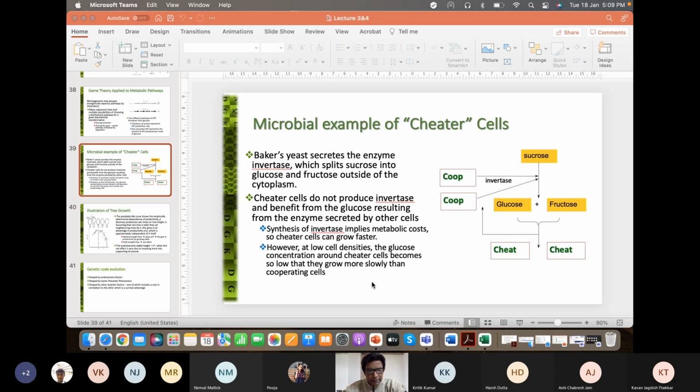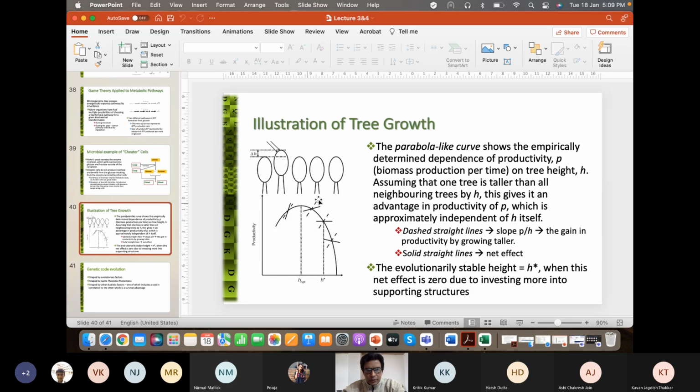And the next example that I'm going to show you here is the one that I talked about in the earlier class also, where we look at the growth of trees in a forest, and all of them start competing for the sunlight and the resources that are there on the ground. So all of them will start growing to the same height as far as possible, and there'll be some which will have an extra height over the others, and these are the ones that are initially going to be gaining.